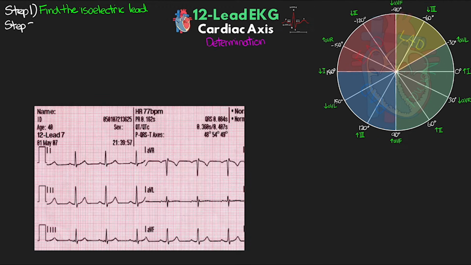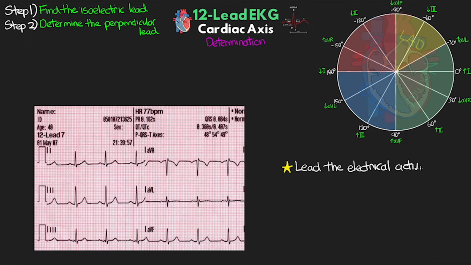So then for step 2, now that we've identified the isoelectric lead, we then want to determine the perpendicular lead. So the perpendicular lead is going to be the lead that the electrical activity is mostly moving towards or away from. And this can be either positive or negative.